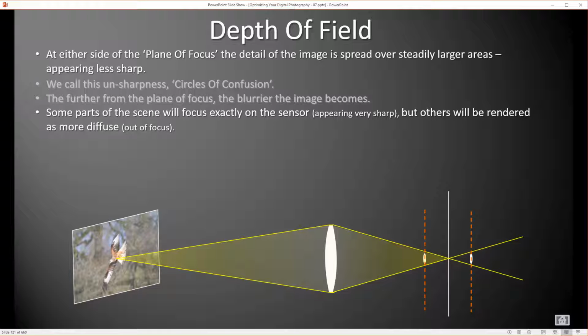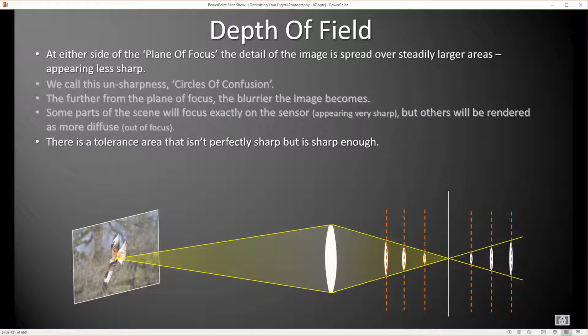Some parts of the scene will focus exactly on the sensor, appearing very sharp, but others will be rendered more diffused. And the further away from the plane of focus, which is sharply rendered onto the sensor, progressively these circles of confusion become larger. Therefore, it would appear less sharp on the sensor.